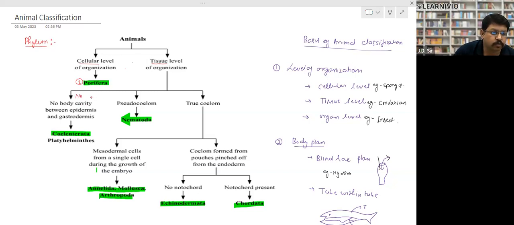Let me tell you what a coelom is. Look, this is the body. Inside the body, there are some organs which are fit: our lungs, our heart, our intestine. Between the body wall and these organs, there is a space, right? Is the space there or not?